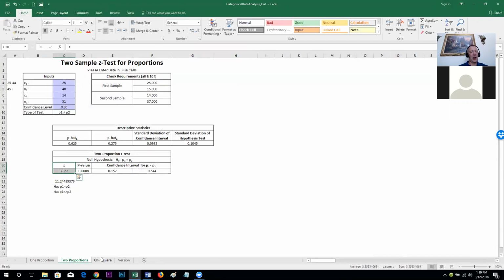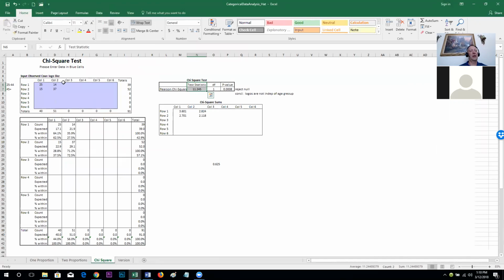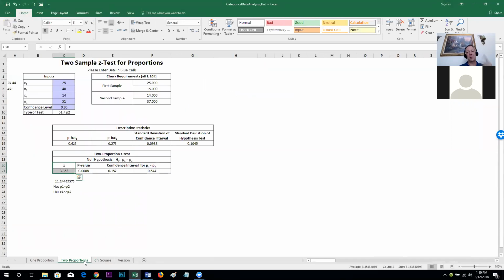The chi-square works better if you have three, like if I had three logos and then 15 and 25 or something. That would also say reject: the logos are not independent of age group. So the two proportion test is only good if there are two groups. The chi-square and the two proportion are the same test if you have exactly two proportions.